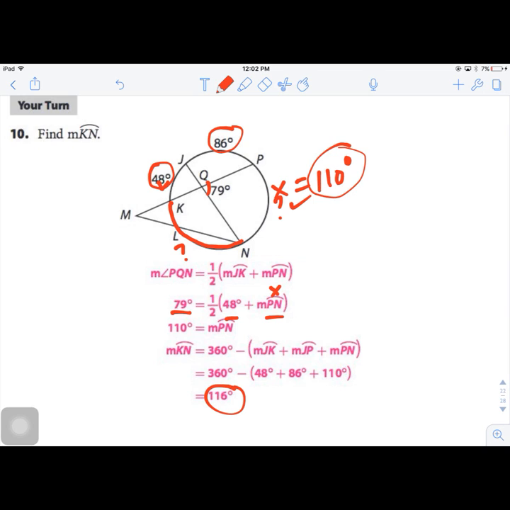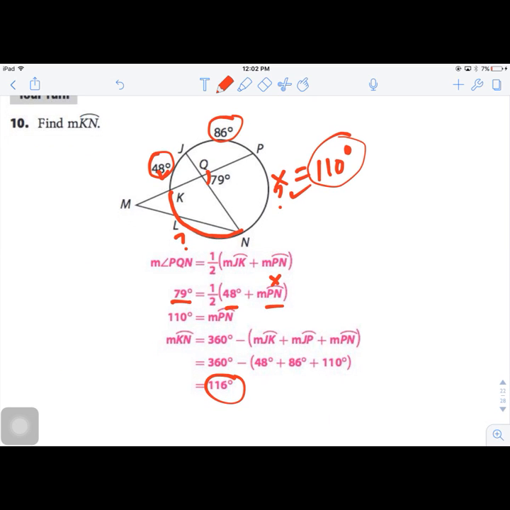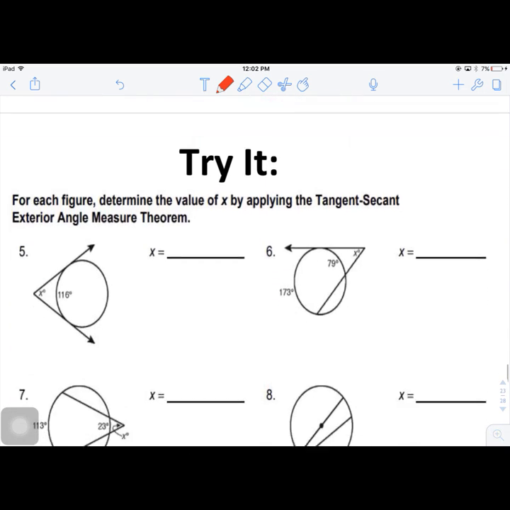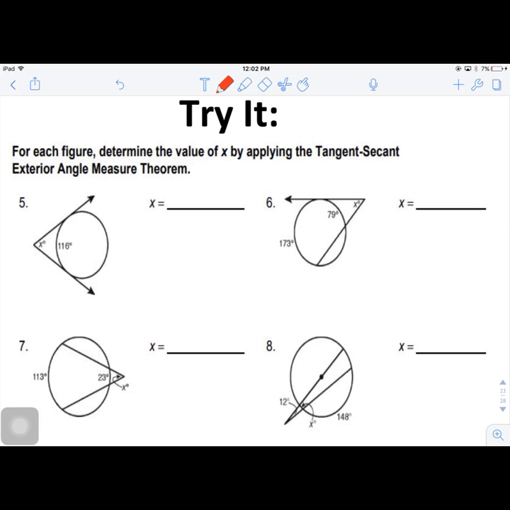So that's the end of this problem, and you can pause it again and try it before moving on, or reverse the video to rewind to see what you missed and review it again. And here are some try it problems, and you really need to pause this at this time again and try it. If you're still in class, you can try it with a partner or by yourself, so you can at least try out to see how it is done.